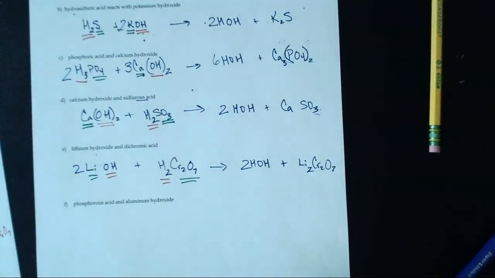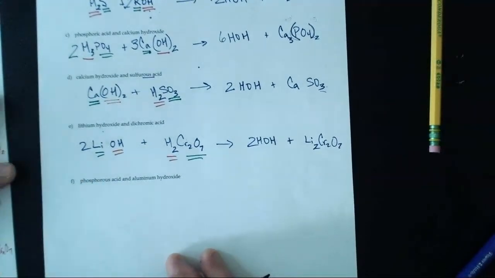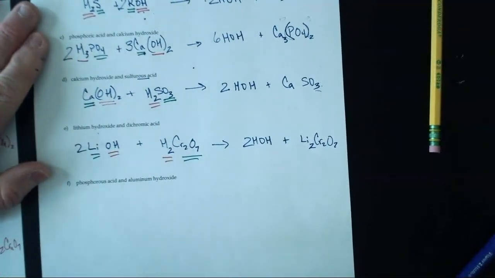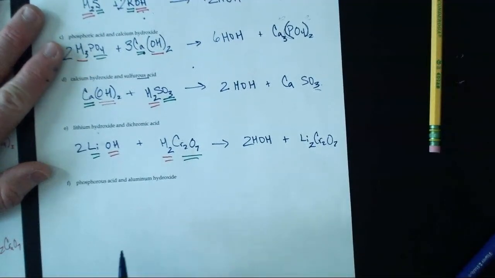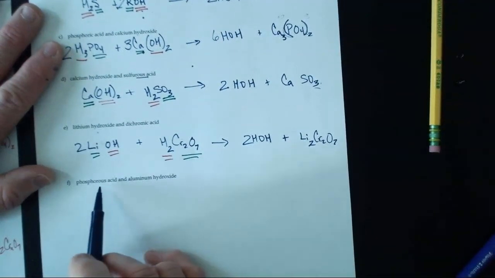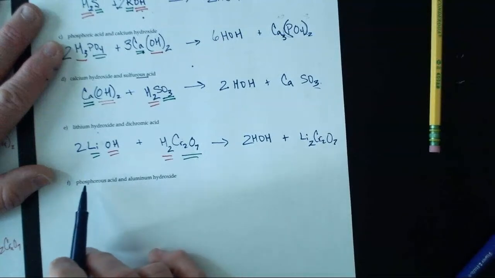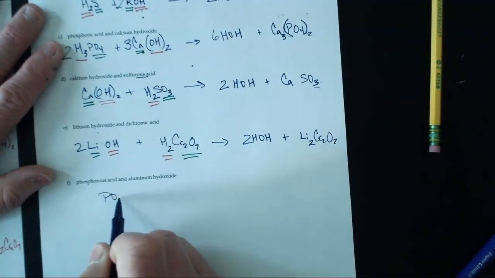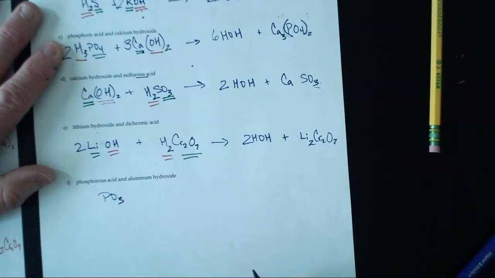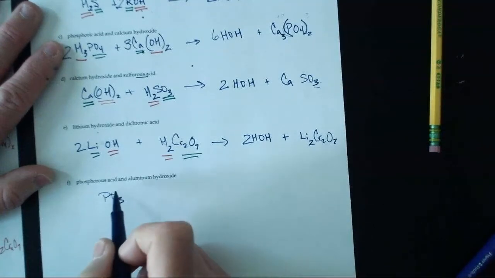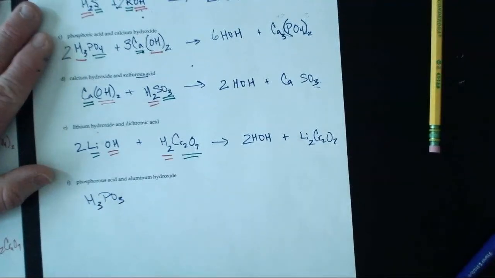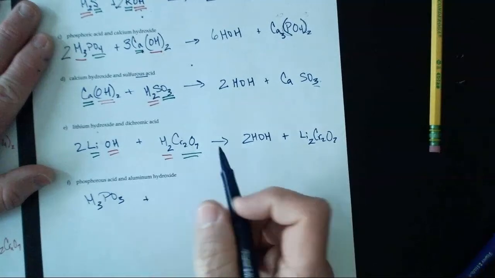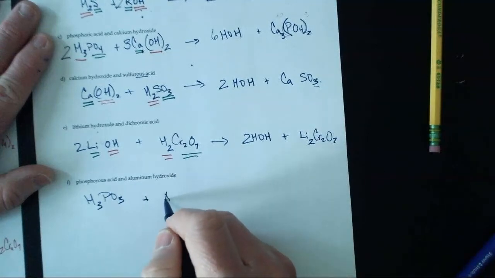phosphorus acid. Well, if it's phosphorus acid, that means it must have been phosphite. Remember, ate, ic; ite, ous. So to become ous, it had to have been phosphite. Phosphite is PO3. If I look on the back of my periodic table, I see phosphite has a -3 charge, so I've got to have H3 for my acid plus aluminum hydroxide.